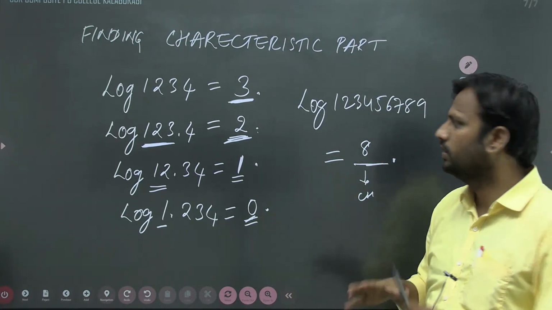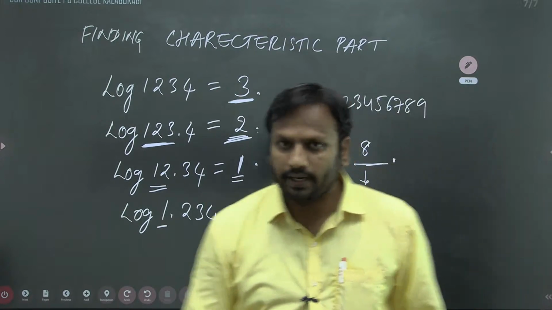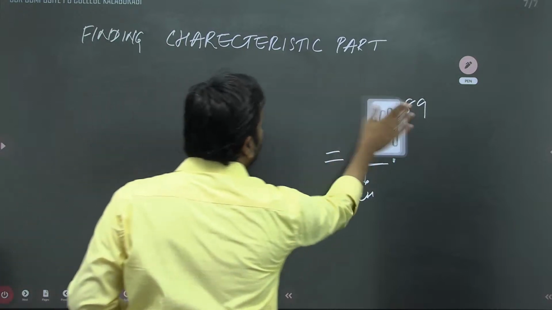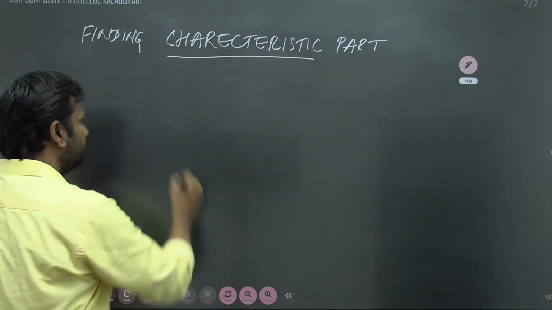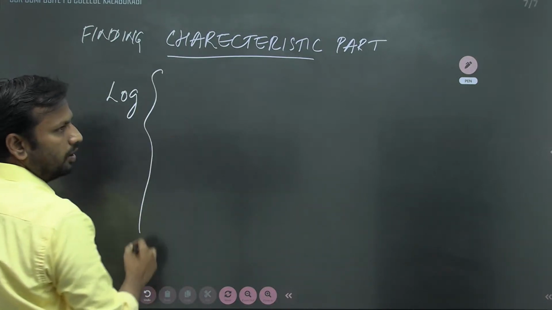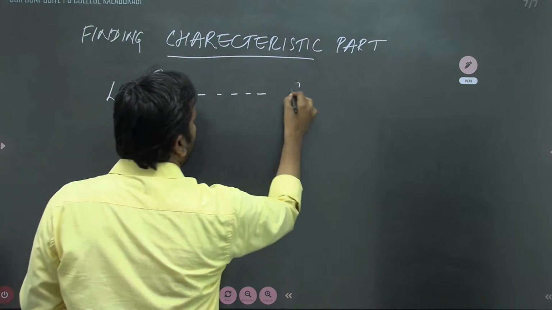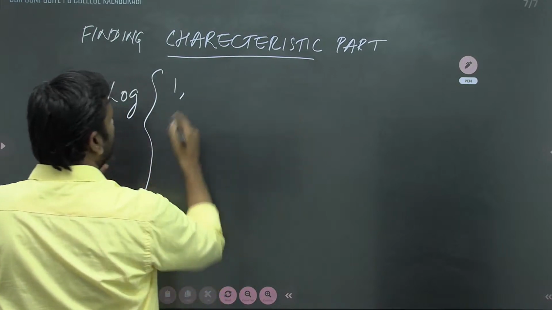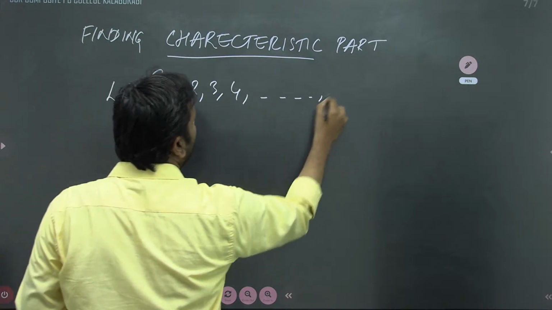Right? So this is the case. So now you can say things about the characteristic part of a logarithm. Now you see, students, the log of the numbers from 1 to 9, 1, 2, 3, 4, 5, and so on up to 9.